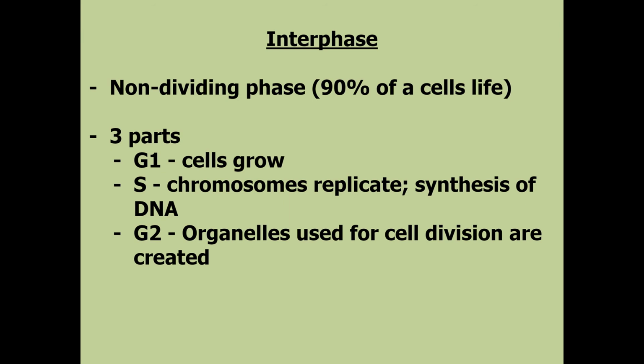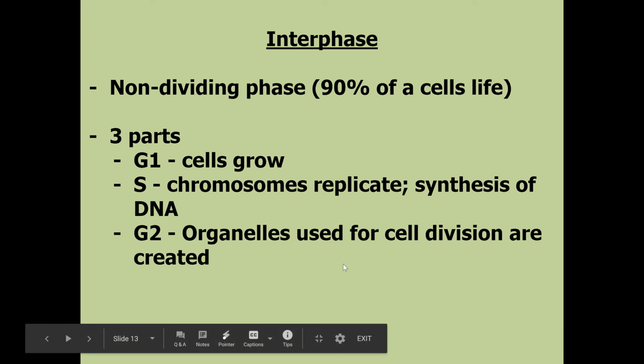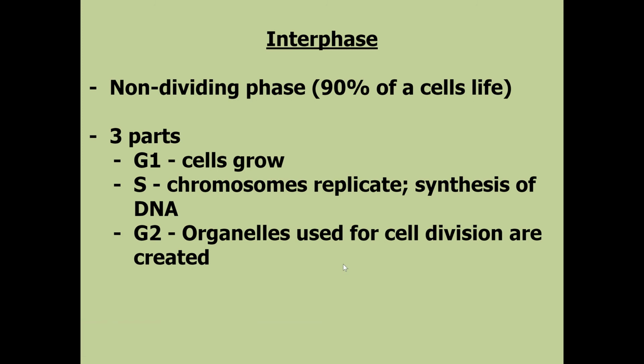And G2 is organelles used, I should have said not dividing, I should have said multiplying. Sorry. G2 organelles used for cell division are created. So these organelles are not present for the most part in cells. They are kind of just present in cell division.